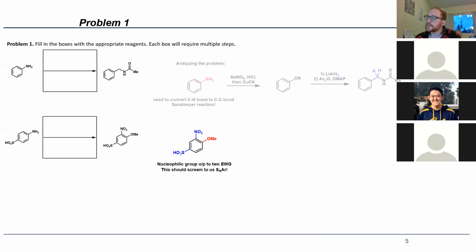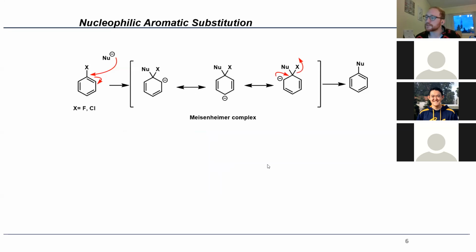And so you see in this molecule, we have a methoxy group here that is ortho and para to 2 electron withdrawing groups. And when you see this kind of structural motif, you should say to yourself, this could likely come from nucleophilic aromatic substitution chemistry. And so let's take a second to talk about nucleophilic aromatic substitution chemistry.